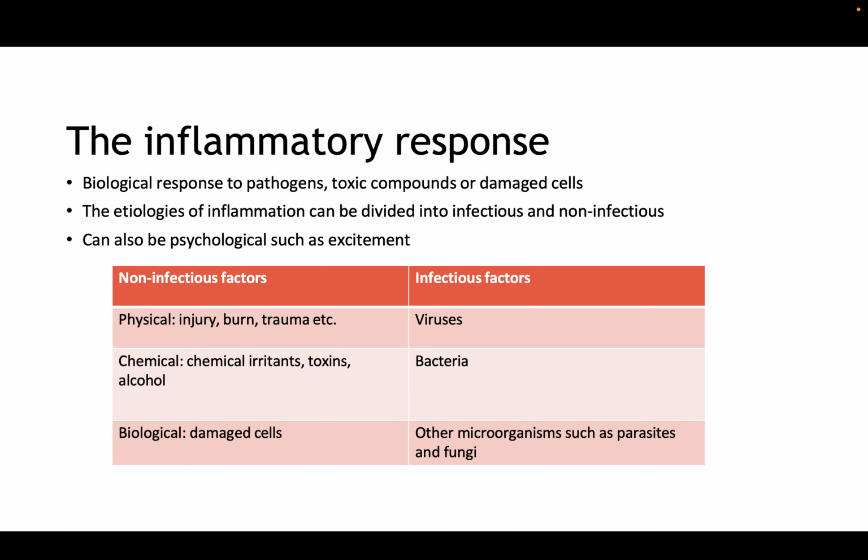When it comes to inflammatory responses, there are many things that can induce them. They can be non-infectious factors like injury, a burn, or trauma, chemical toxins, and biological drugs. What's happening is you have damaged cells, and when you have damage, you have release of DAMPs. These DAMPs are seen as a danger signal, and the immune cells start to see that something is wrong and we need to start going crazy.